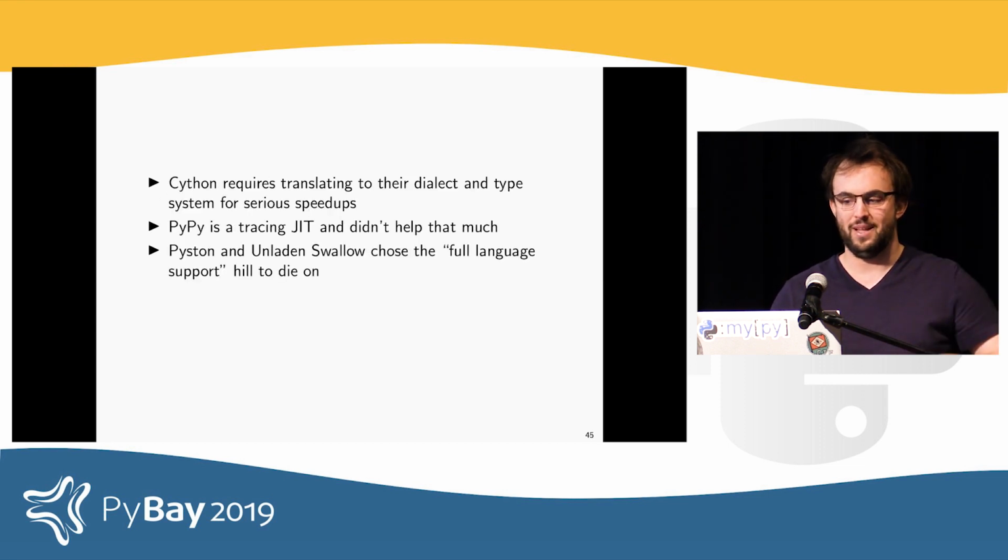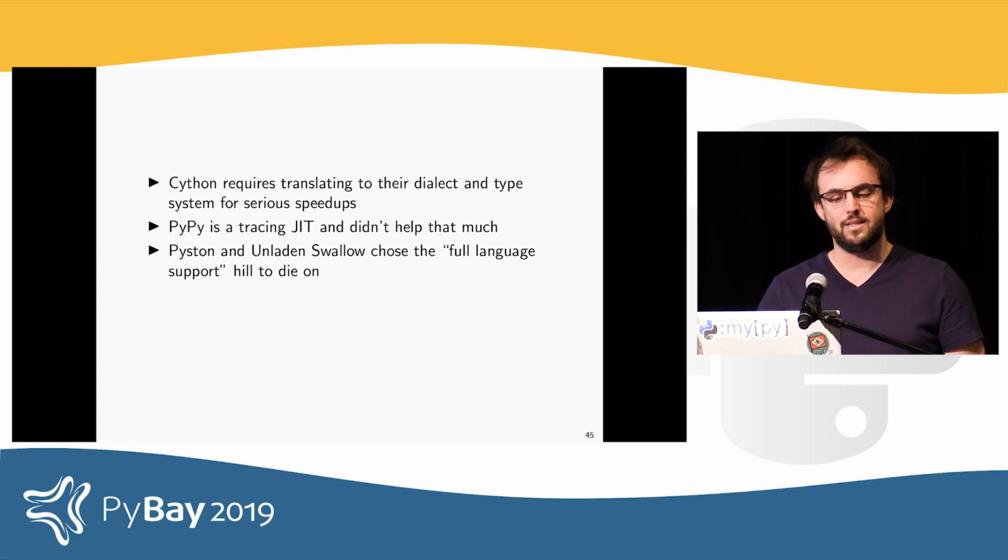And so there are a couple of answers to that. Python, if you don't translate to their dialect and type system, you probably won't get big speedups. It'll avoid interpreter overhead, but not much more than that. And we don't want to translate to their type system. We want to use the standard PEP 484 type system. PyPy is a tracing JIT, which is great for certain workloads, and in our testing was not great for our workload.